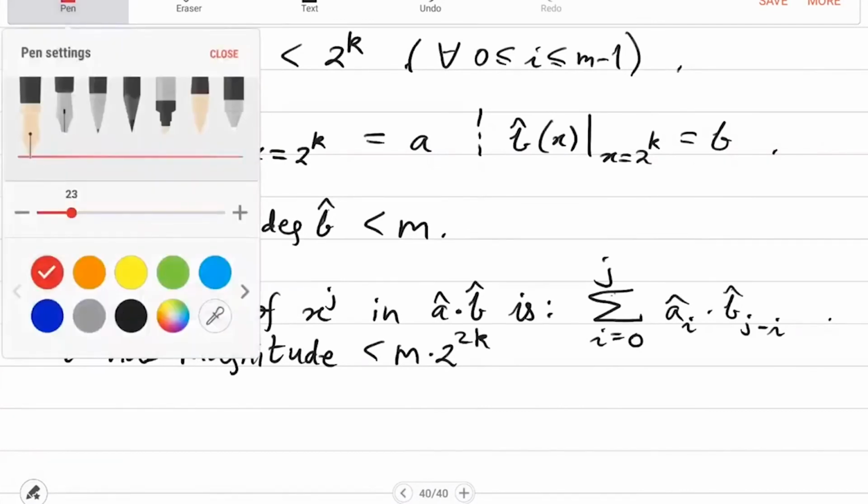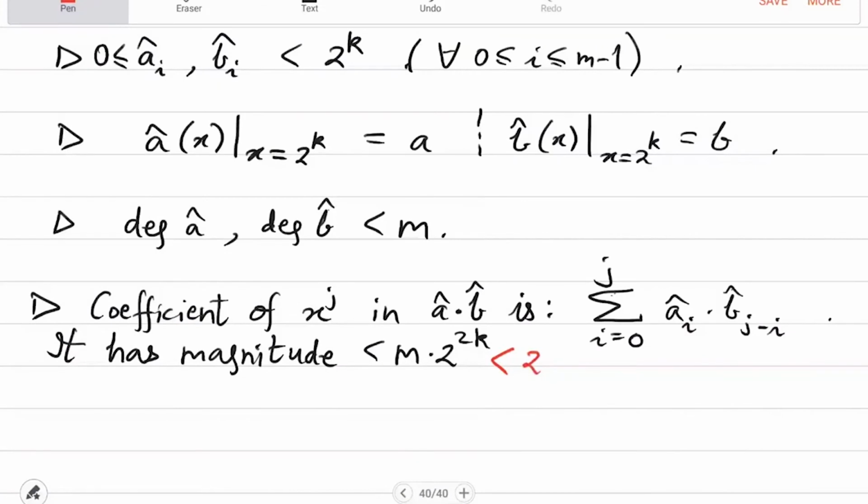Is that right? Basically, m is much smaller than 2 raised to k. So m is around square root L and k is also around square root L. So this is actually much smaller than 2 raised to 3k.